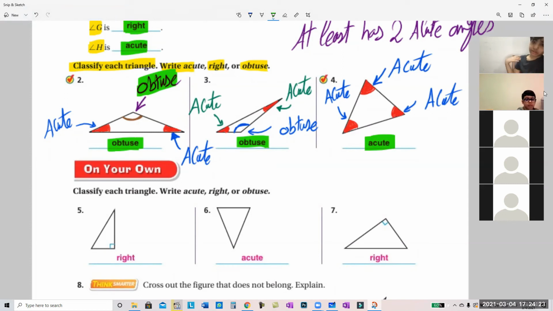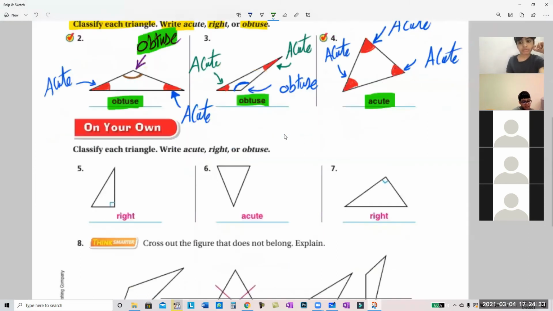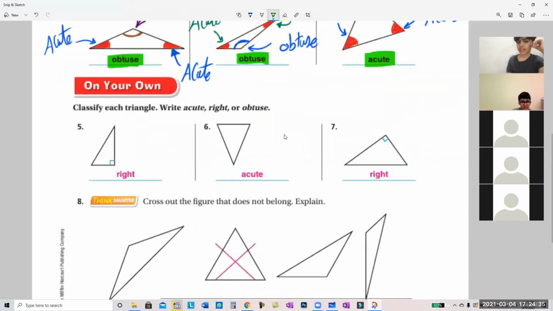Okay. The next one. Hussein Kamal, are you ready? Yep, I am. Okay, let's see. Classify each triangle. Which is acute, right, or obtuse? So let's see.